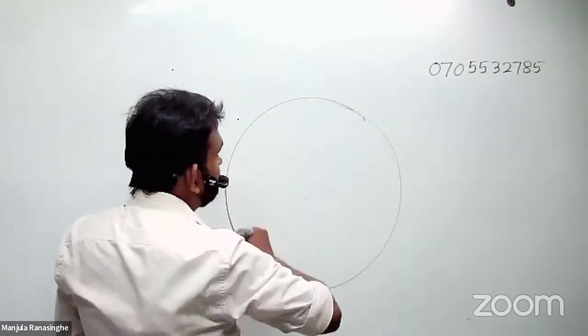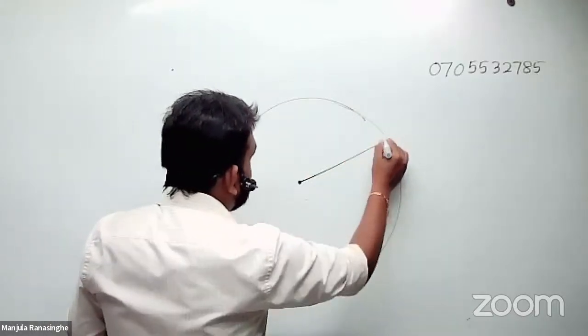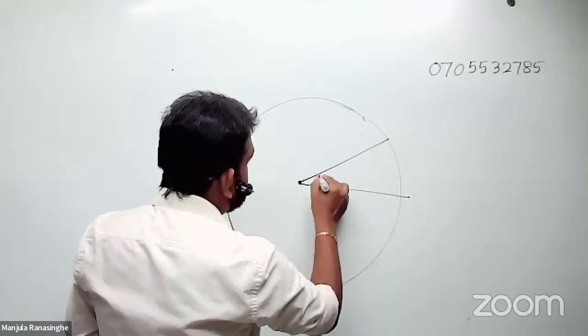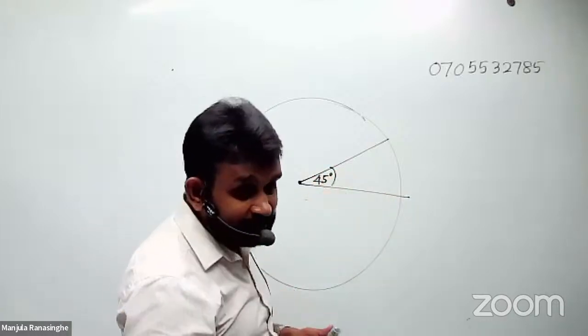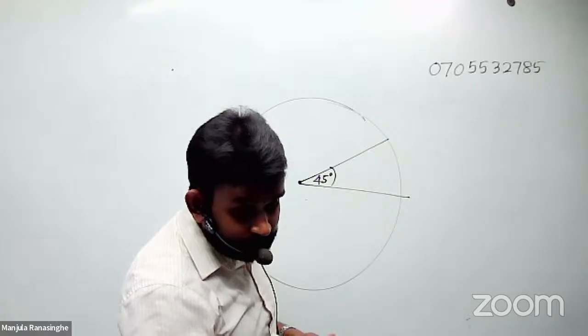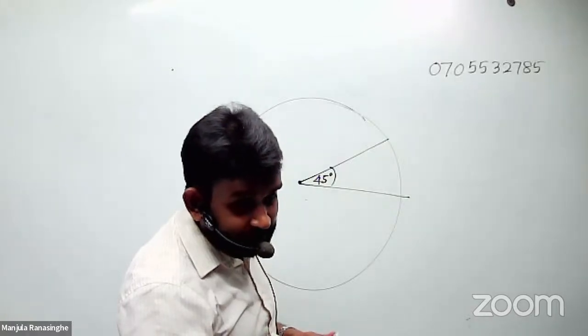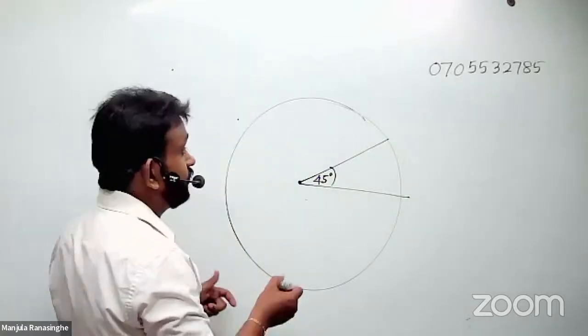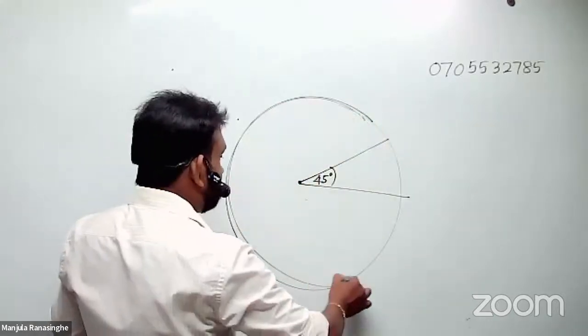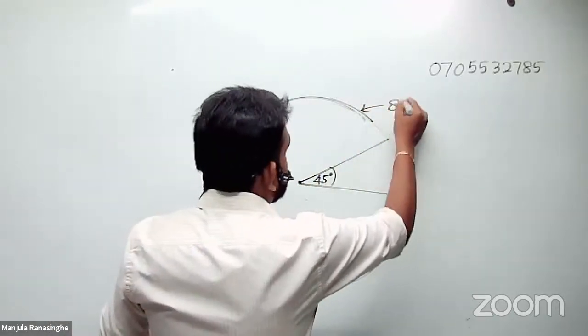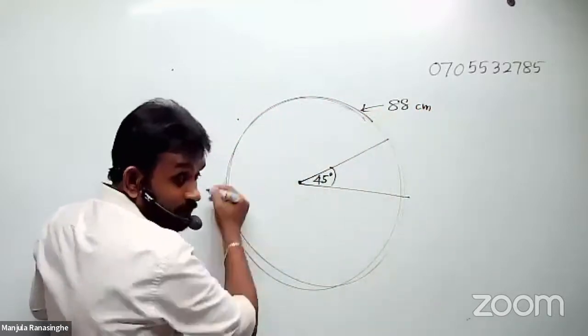Right? This is the full circle. Out of that, 45 is cut. What is that? Yes, 45 degree. And the full circle circumference is 88 centimeter.